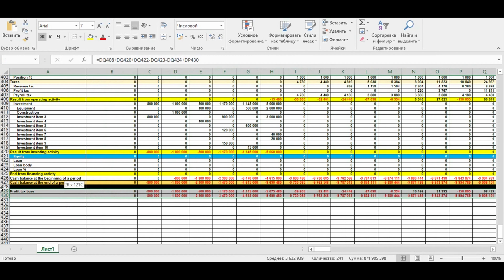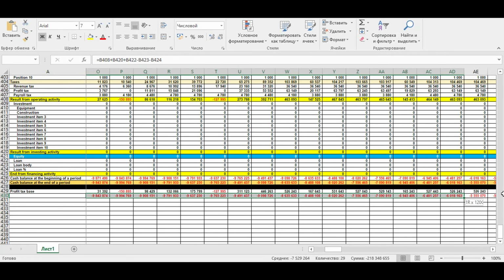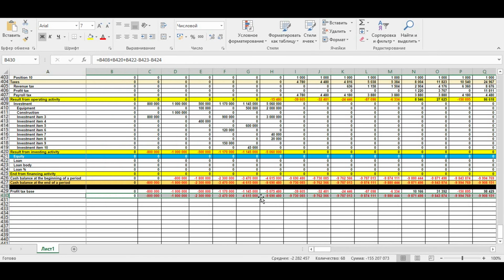So we made some preliminary calculations, and during this timeline we're going to find the minimum number.